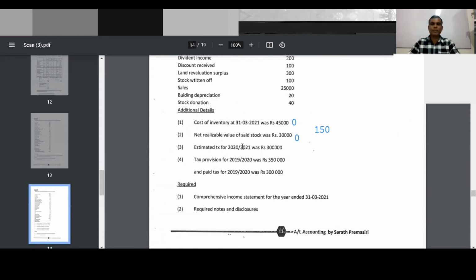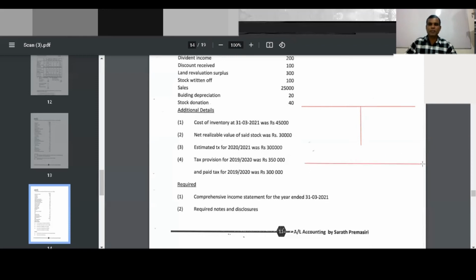Estimated tax for the period 2020 and 2021 was 300. Tax provision, I'll show you how to prepare the tax account. I'll show you a simple tax account. Now, just try to understand this tax account. Here I'm showing you two types of tax accounts.